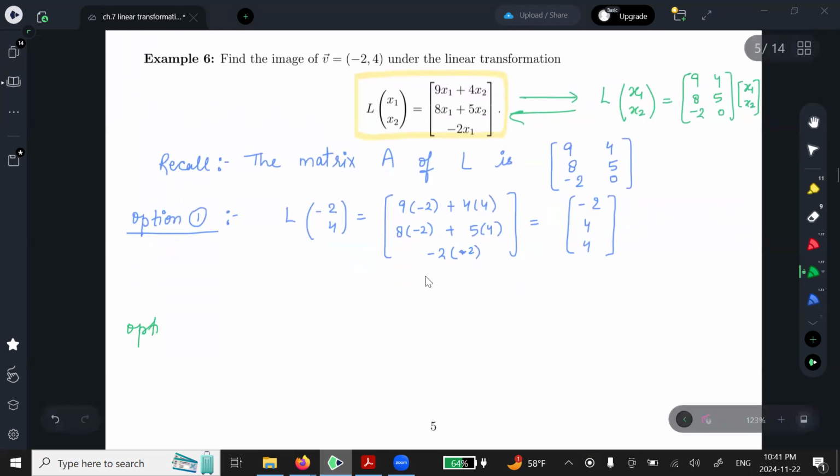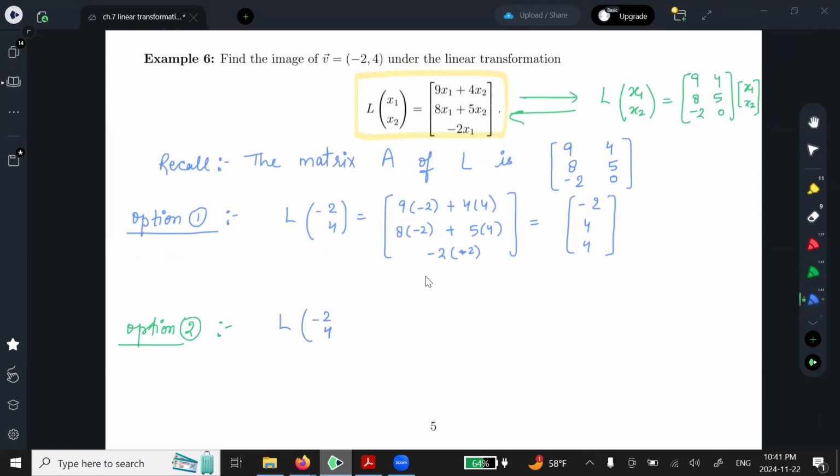So if I do option 2, that's where I'm using the matrix definition. So that would be the matrix of the transformation times the given vector, negative 2, 4. And can you guess what will be the resultant matrix product? Well, if you guess -2, 4, and 4, you are correct because they're the same definition.